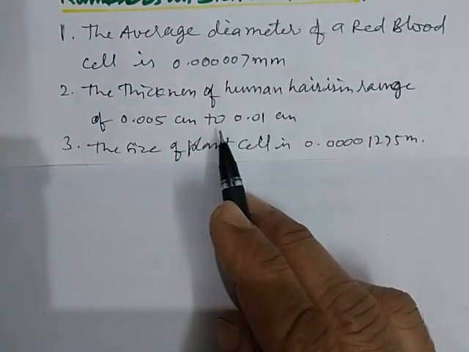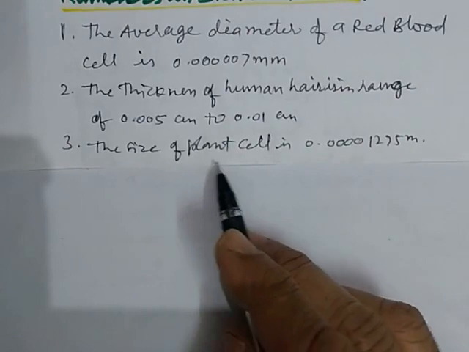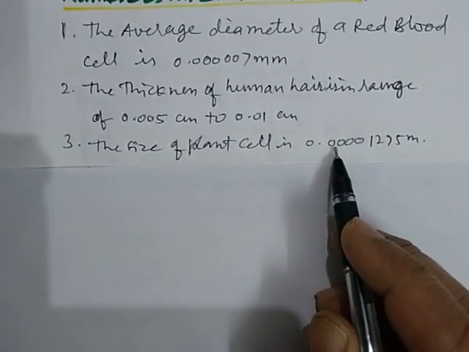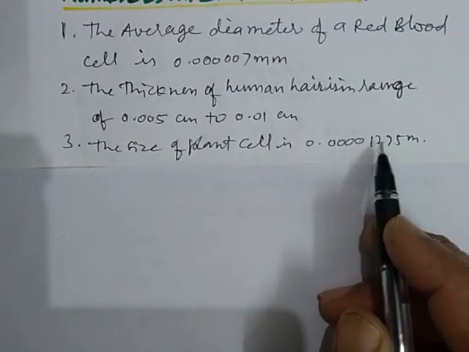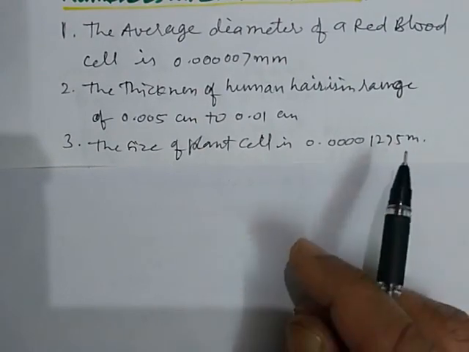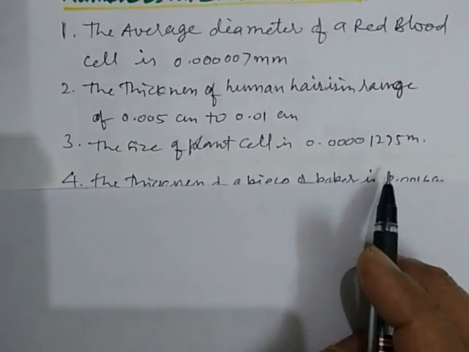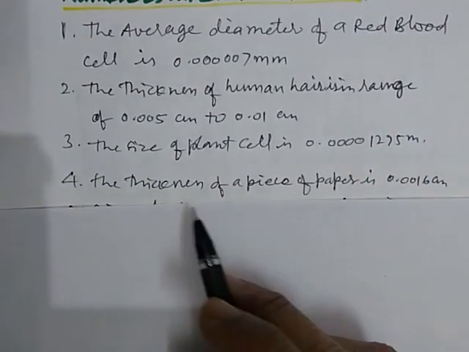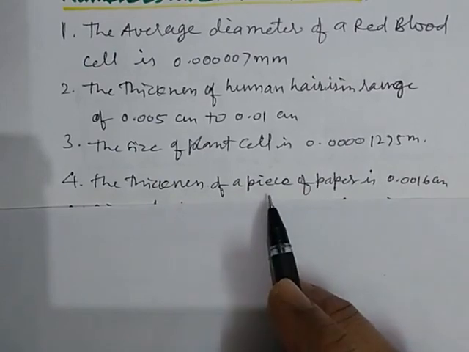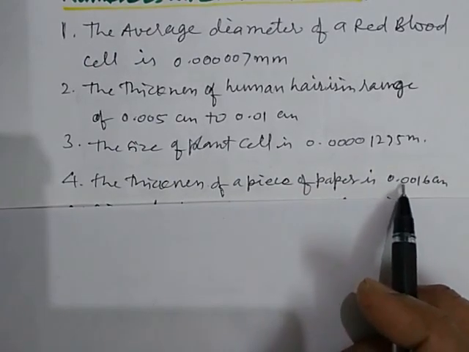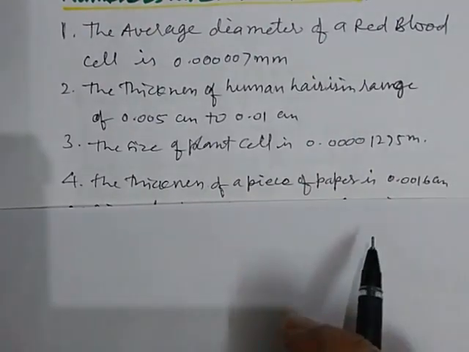It is also small. The size of a plant cell is 0.00001275 meter. It is also a very small measurement. The thickness of a piece of paper is approximately 0.0016 centimeter.